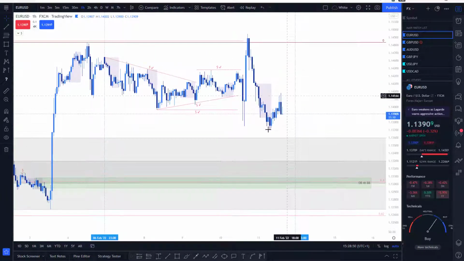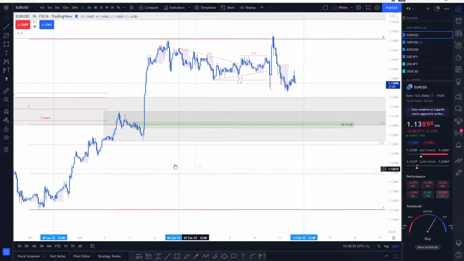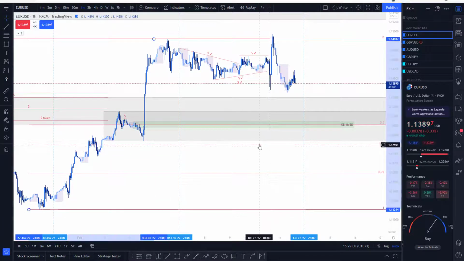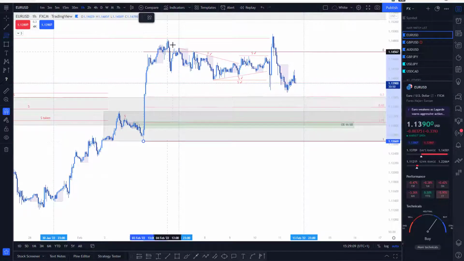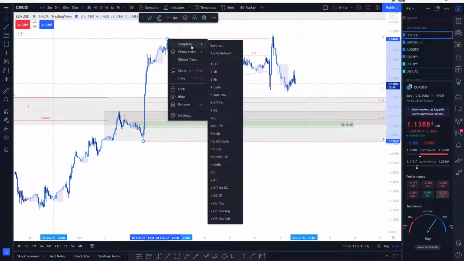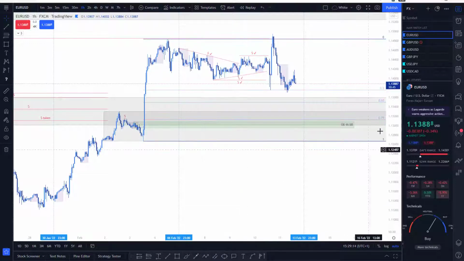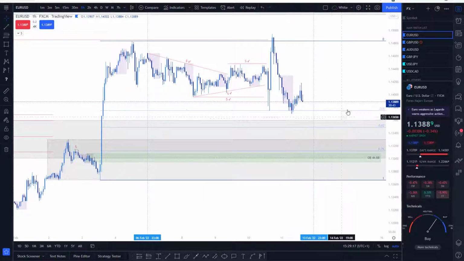And in terms of where the price stopped here, if we take the FIBs, I will clear this one now. From last week's swing low to high, this is the 50% retrace here, exactly the 50% retrace here.